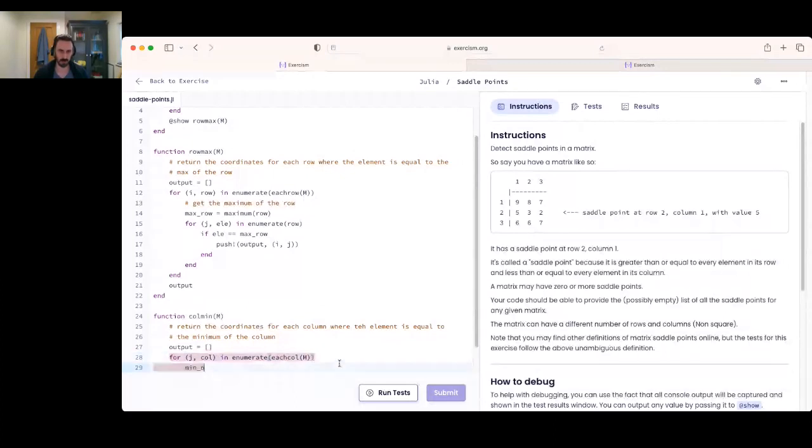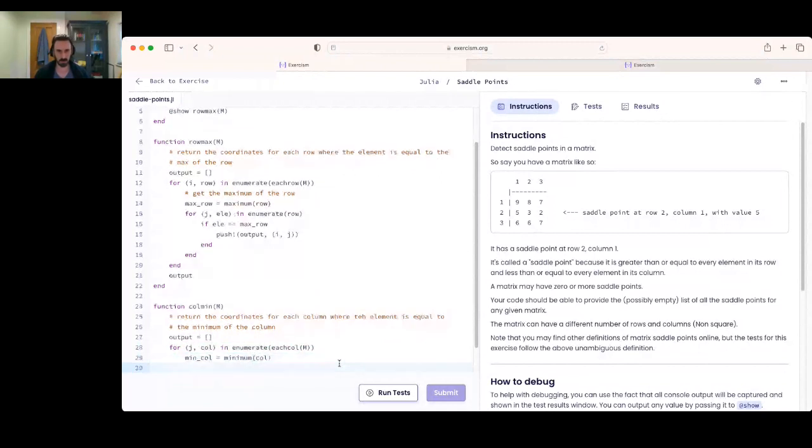Min col is equal to minimum of the col, and then for I, because we're going now row-wise, so it's going to be the ith element.